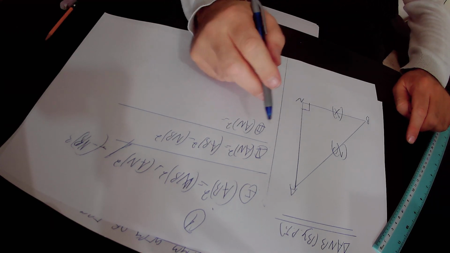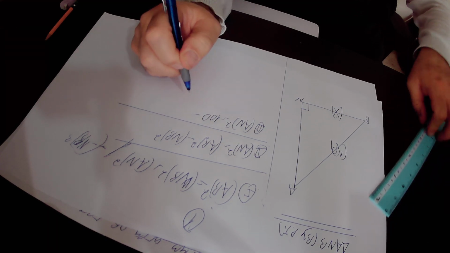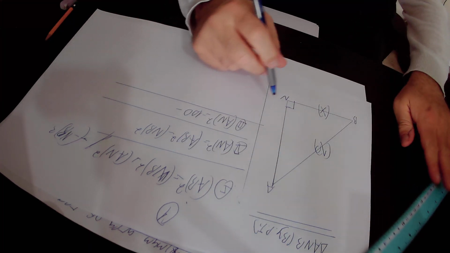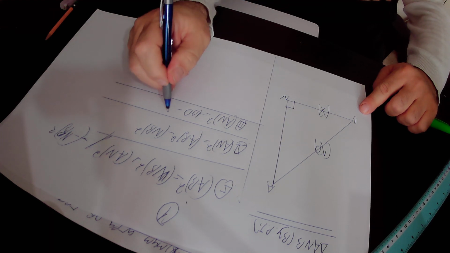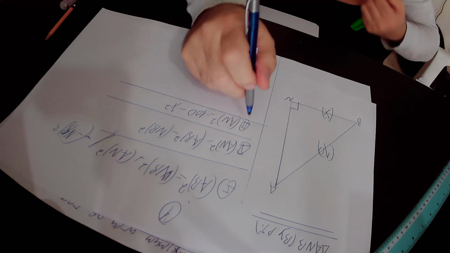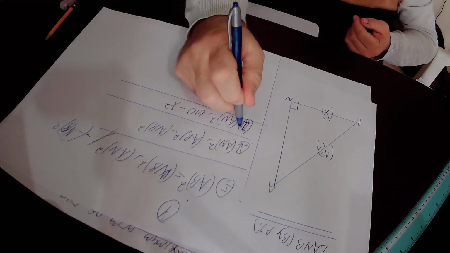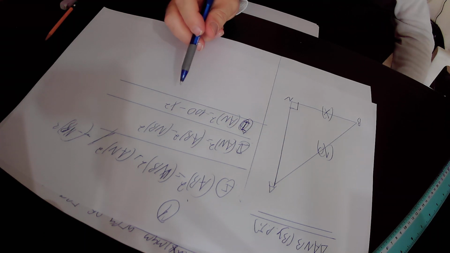AB is 10, therefore AB squared is 100, minus NB squared. NB, according to our definition, equals x, therefore NB squared is x squared. So in conclusion, according to equation 1, AN squared equals 100 minus x squared.